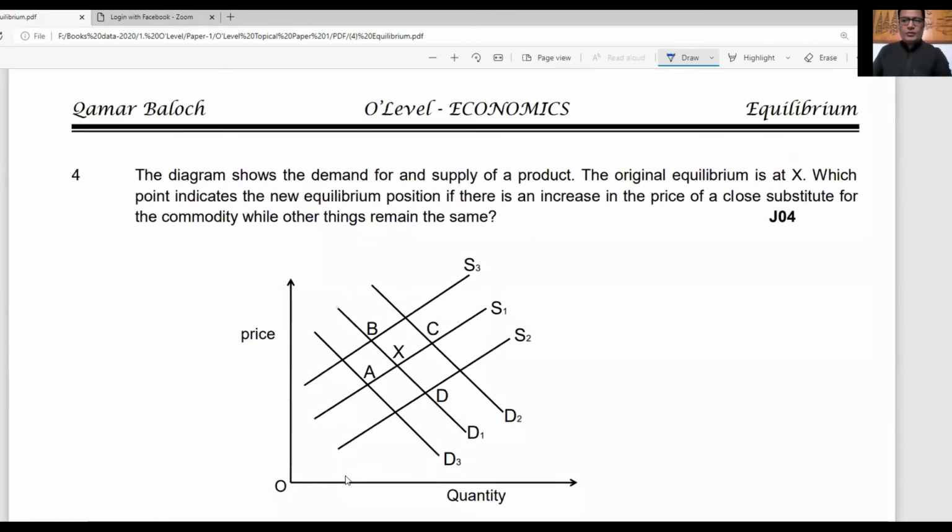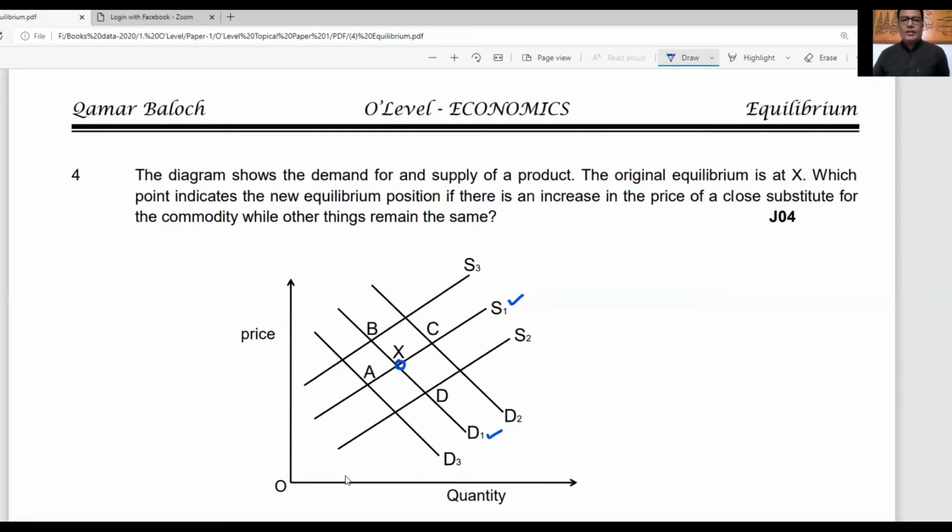Okay, now we can see question number four, and the diagram shows the demand for and supply for a product. The original equilibrium is at X. So it means that initially supply curve will be S1 and demand curve will be D1 because D1 and S1 intersect at point X. So X is the initial equilibrium.